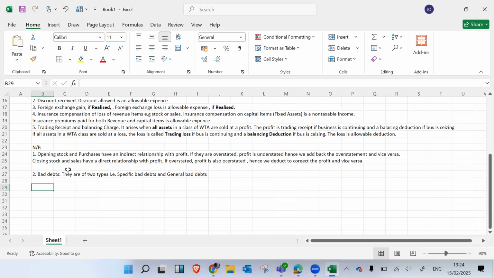So, very important, general bad debts are bad. If they increase, it is a disallowable expense; if they reduce, it is a non-taxable income.